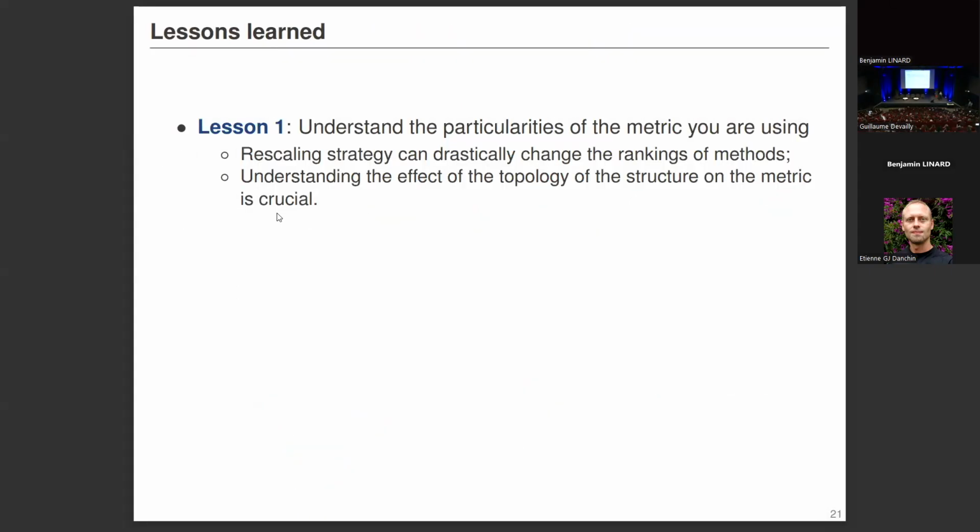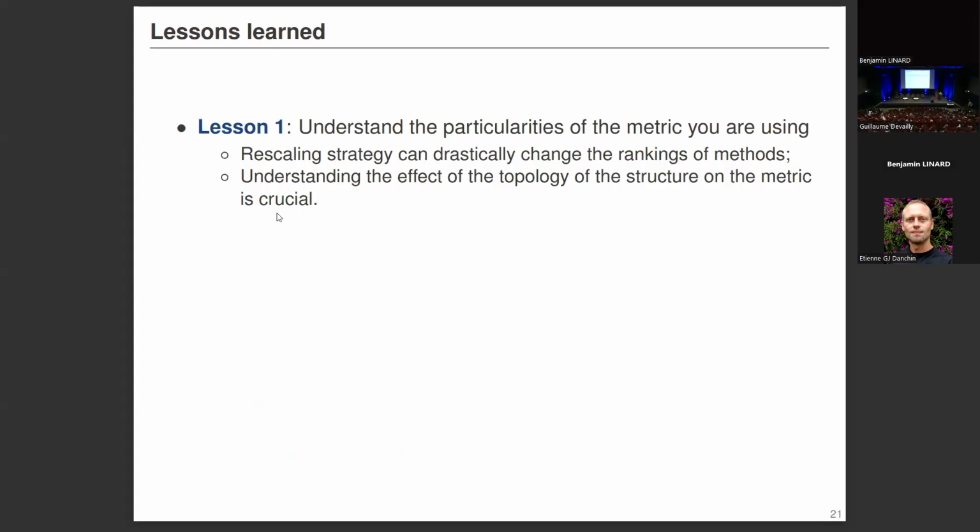When I did this, it was 2 weeks prior to submitting the article. I had a bit of an existential crisis where I was like, is everything we've been doing for 7 years totally wrong? But there's a couple of lessons to learn from this. The first one is understand the particularities of the metric you are using.